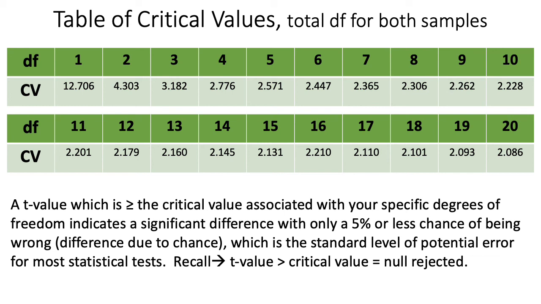Even if we only had 7 degrees of freedom, we could still say our t-value is greater than a critical value. So even at 20, if you notice, it's even lower. So at this point, we would say our t-value is greater than our critical value, and we will then reject the null hypothesis.